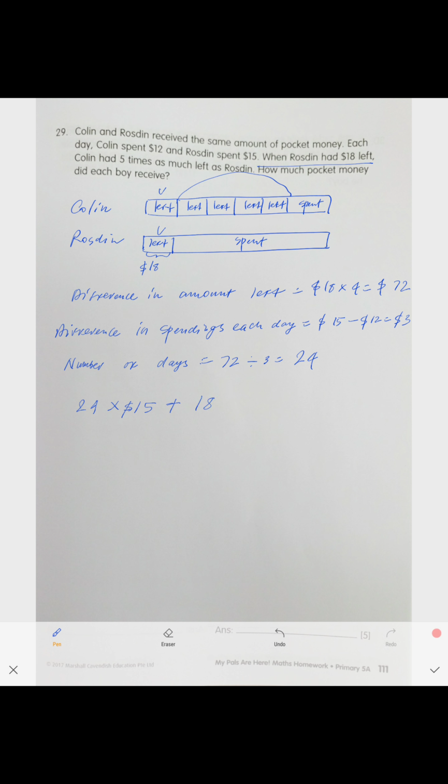Understand, right? 24 days, Rosalind spent $15 each day, and has $18 left. So the answer is 378, right? And this is your answer. The amount of money is the same, so each boy had $378 for pocket money.